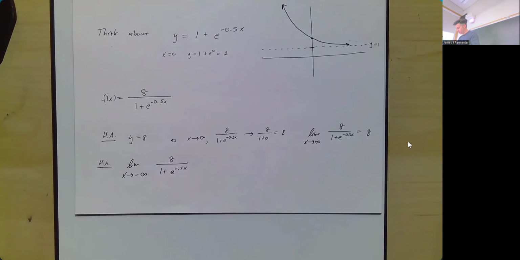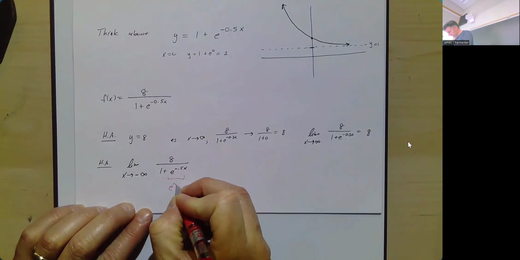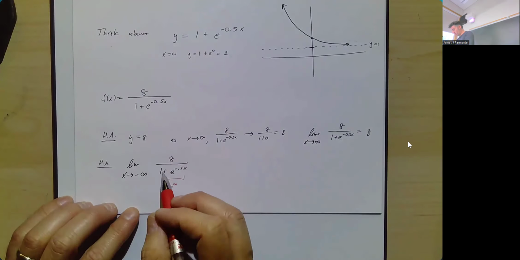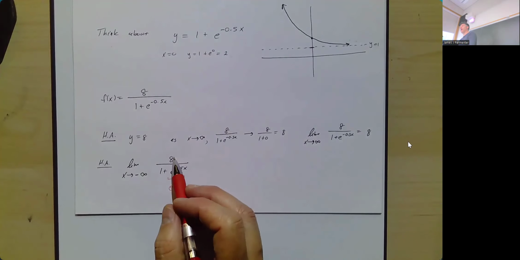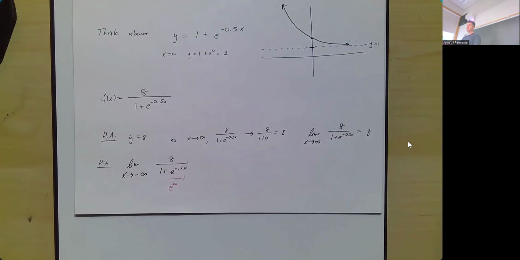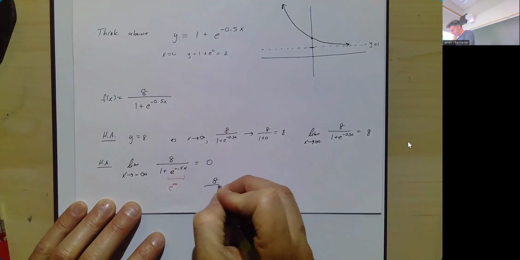So this thing here is essentially e to the infinity, which is infinitely large. 1 plus something infinitely large is still infinitely large. And then 8 divided by a really, really big number is big or small? Small. So this limit is going to be 0 because it's 8 divided by something big.